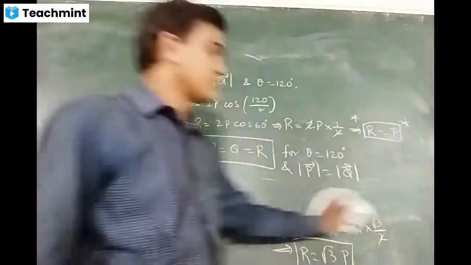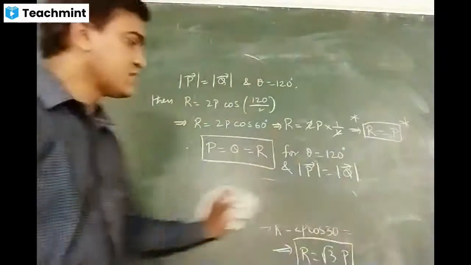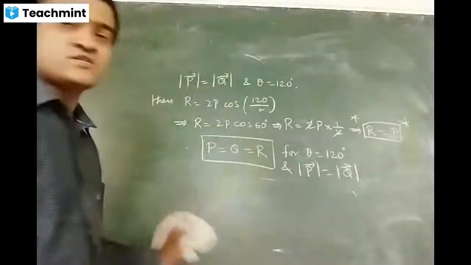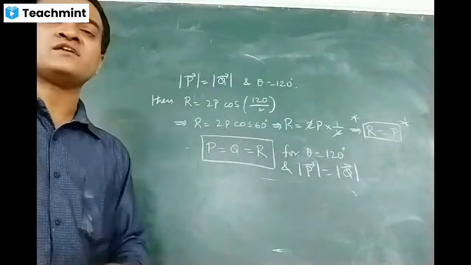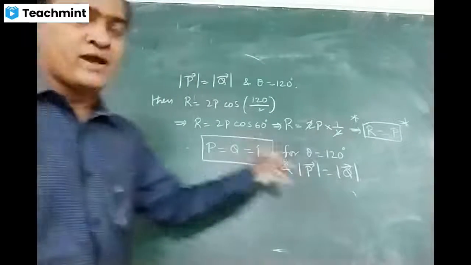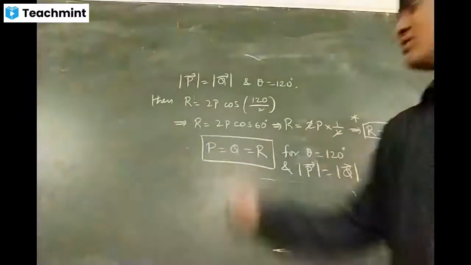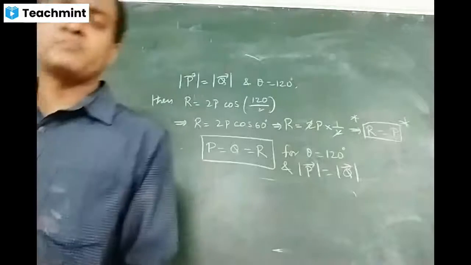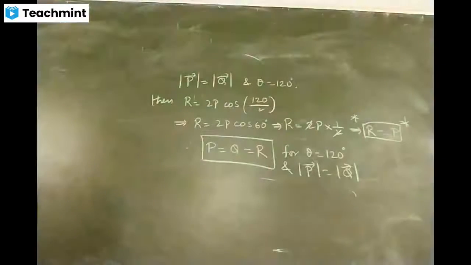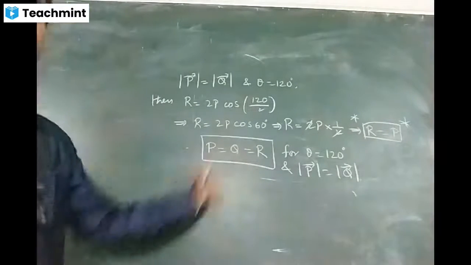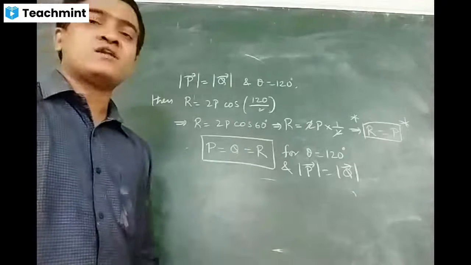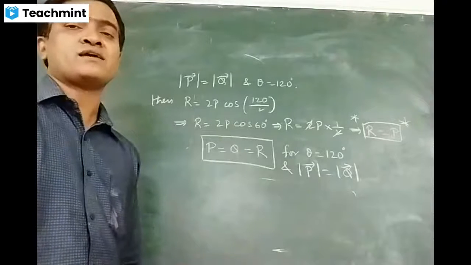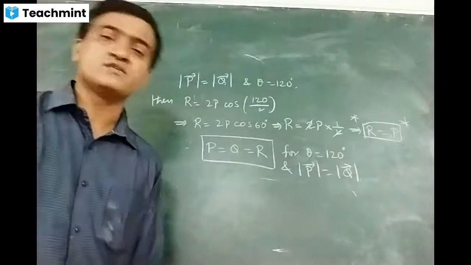In this case, I will get all three vectors, that is, even the resultant is equal to the magnitude of one of the vectors. Magnitude of resultant is equal to magnitude of P or Q. So that is the reason I can say that all three vectors are equal in magnitude, provided the angle is equal to 120 degrees.